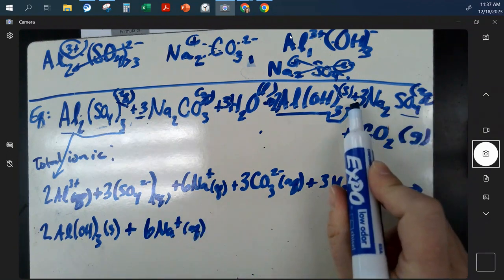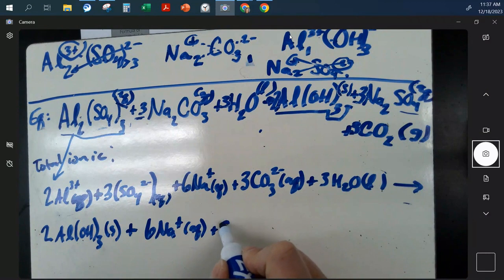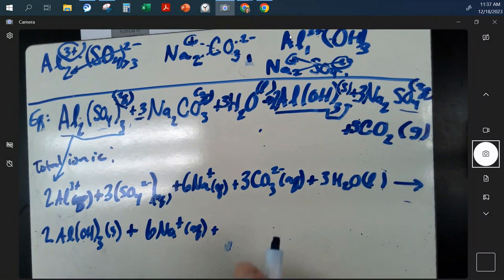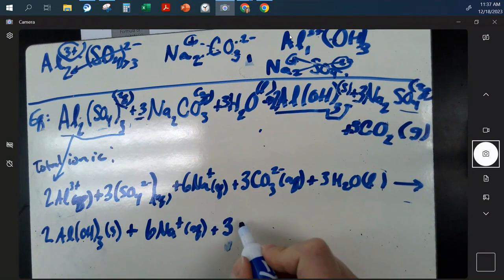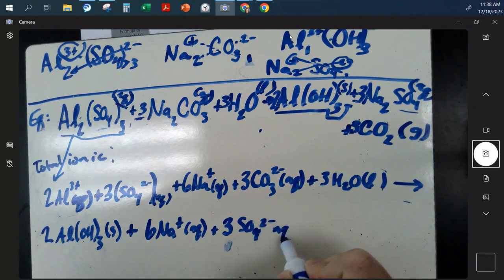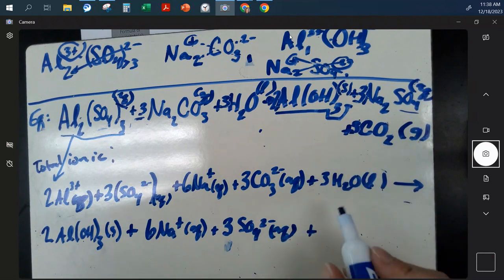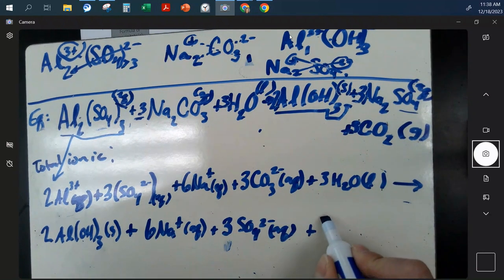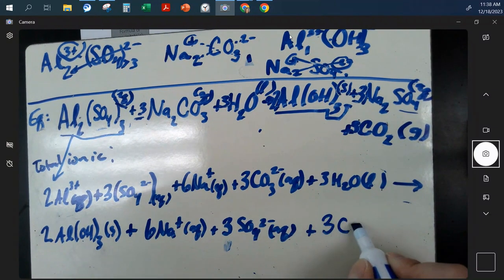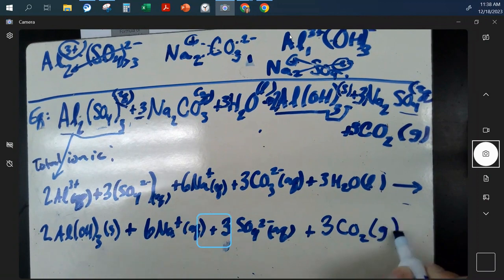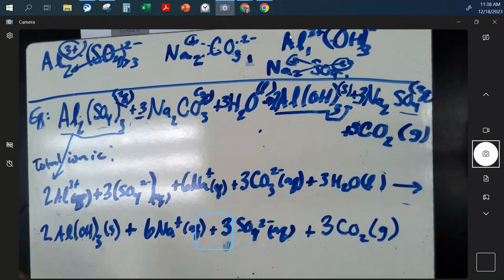We got 3 sulfates, 3 SO4 2 minuses. Those are aqueous. And we have this last thing. We have 3 carbon dioxides, which are in the gas phase.